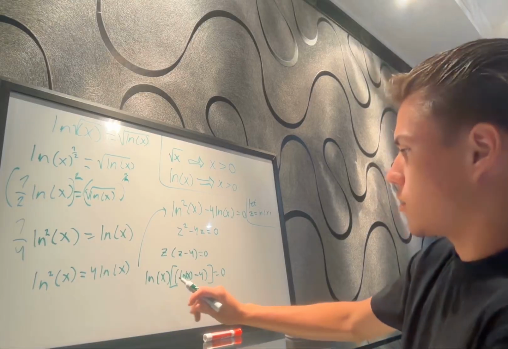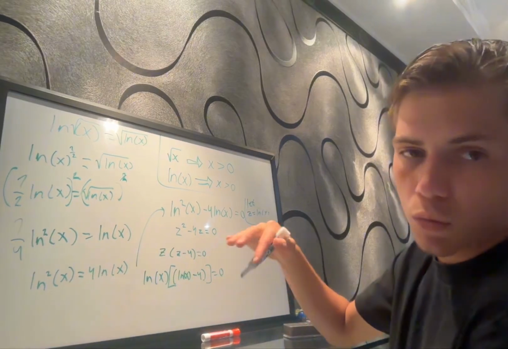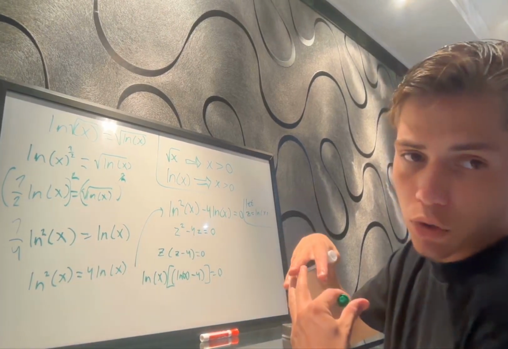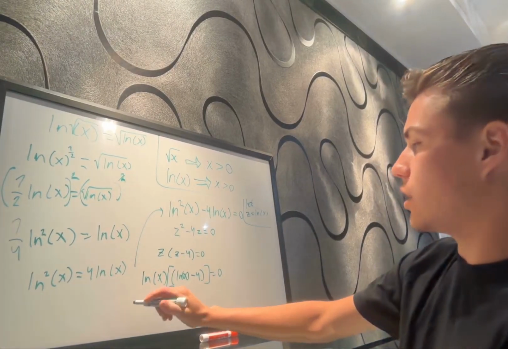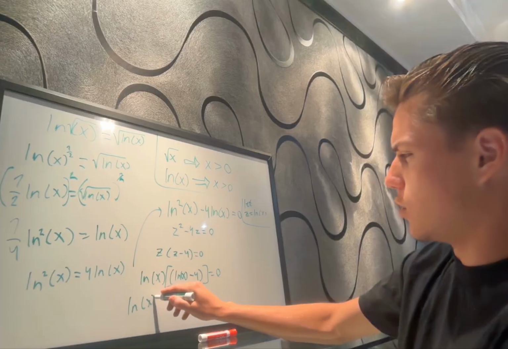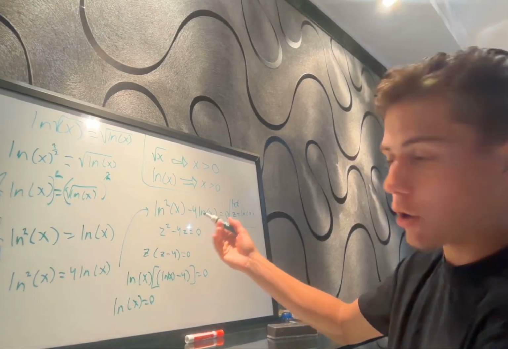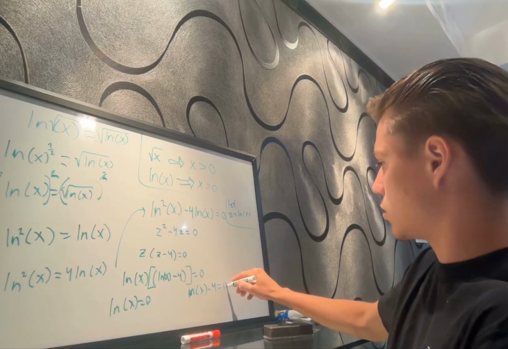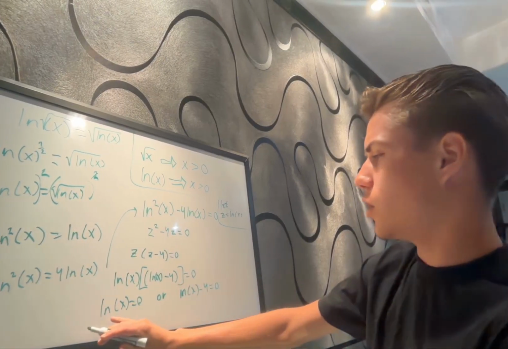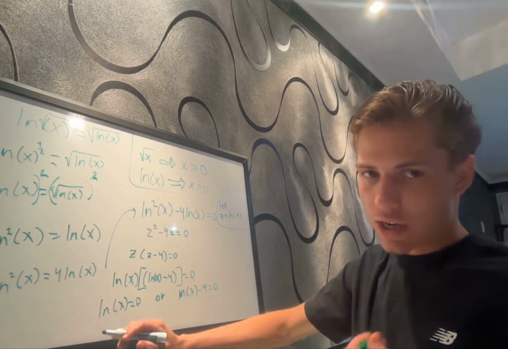So now, since we have two expressions multiplying to give us 0, one of those expressions has to be 0. So either natural log of x is equal to 0, or natural log of x minus 4 is equal to 0. So here natural log of x equals 0, that's just an identity.